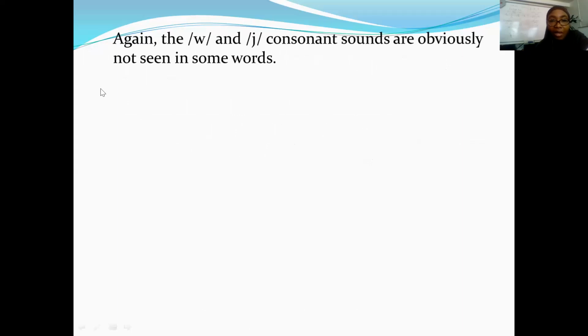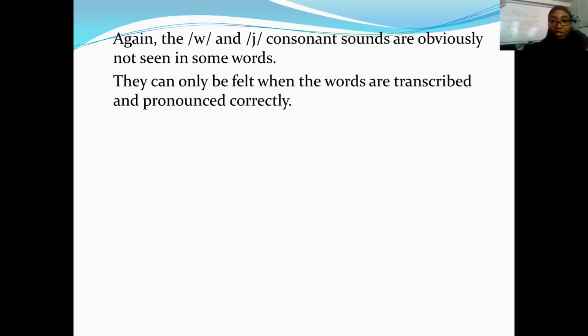Again, you have some sounds that are obviously not seen in words, but they're actually there. They're not represented in the orthography, but they're there when you look at it phonetically. They can only be felt when the words are transcribed and pronounced correctly. You have the example of the word Q-U-I-C-K, pronounced as quick.